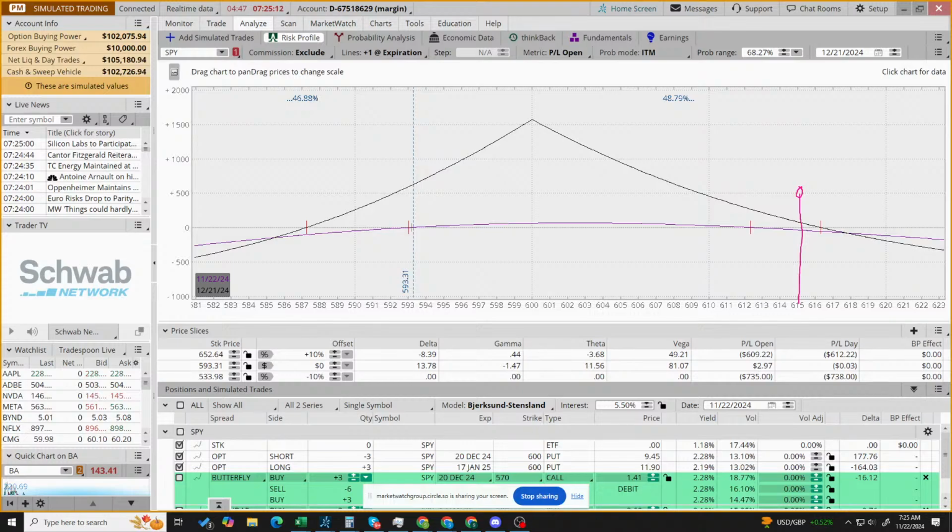On this chart I have price at the bottom, and I have time. You can see the purple line is today, the black line is expiration. Could I lose $500 if the price is at $600? No, I can't. Look at where it is.